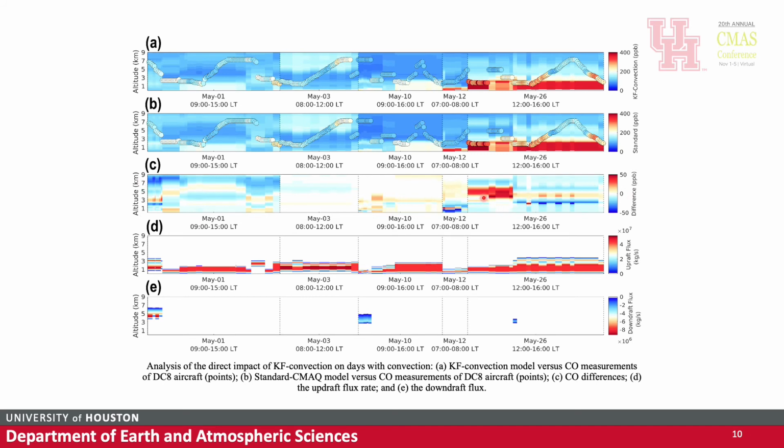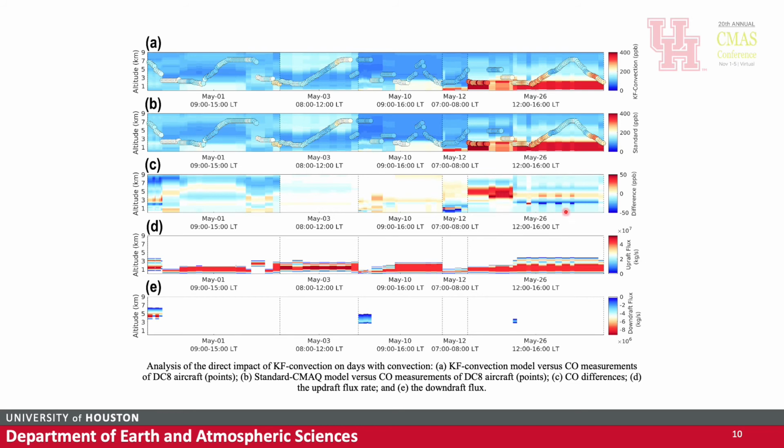So here you can see how the concentrations of carbon monoxide are increasing over 3 to 5 kilometer altitudes, and decreasing over 1 to 3 kilometer altitudes. This increase at the higher altitude is because of the updraft flux, which is pushing the concentrations up from the lower layers to the top layers.